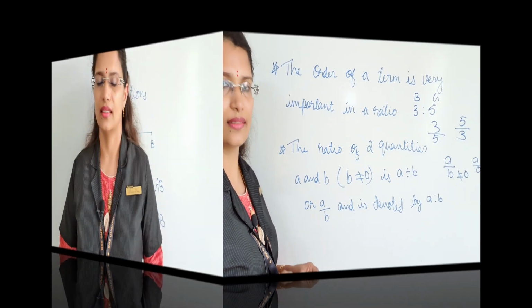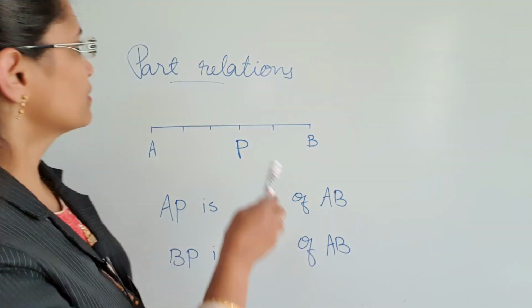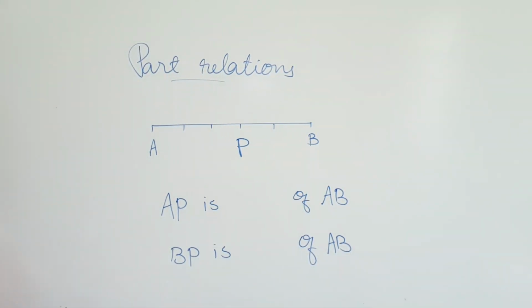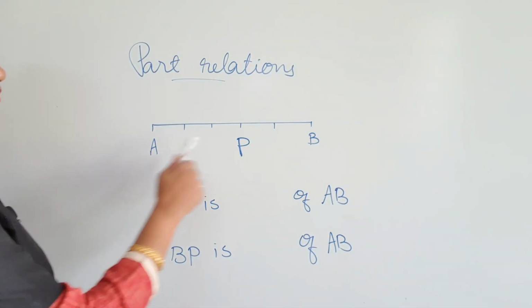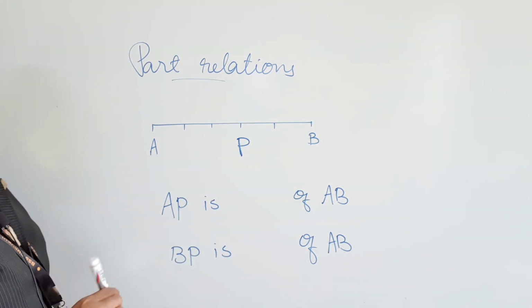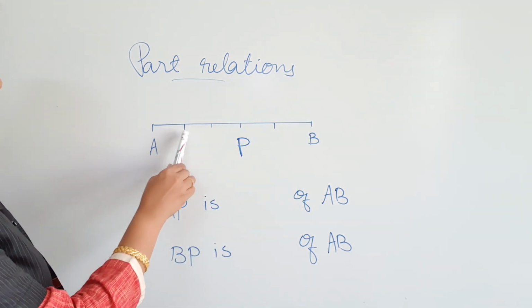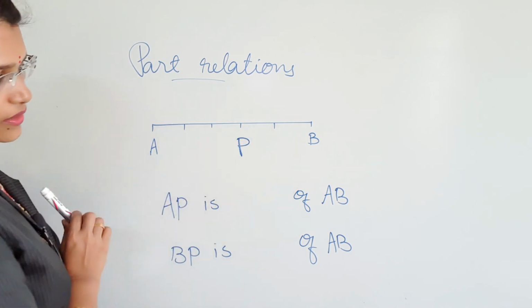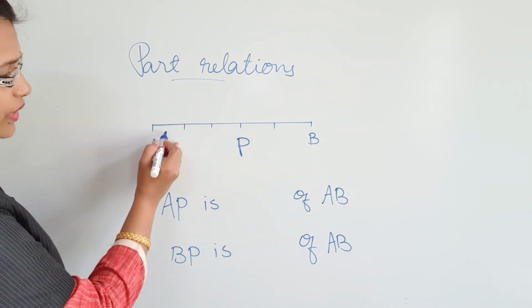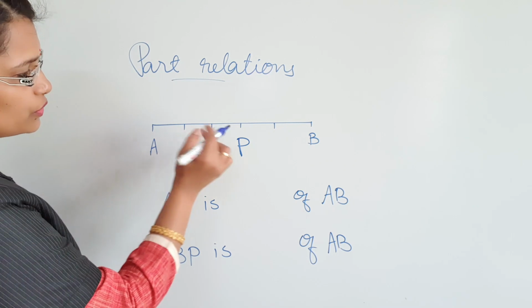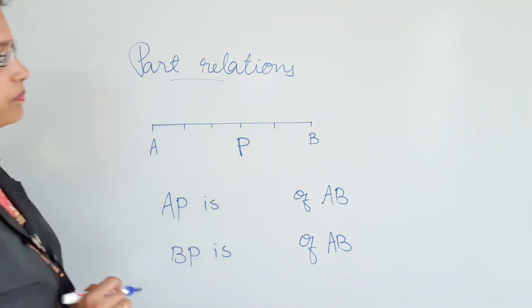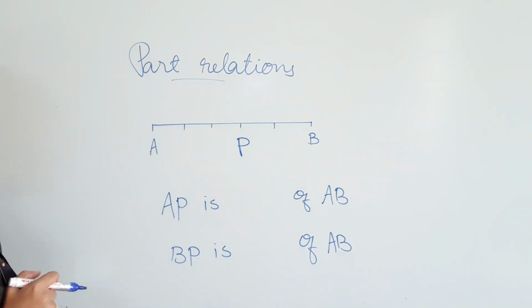Clear, children? Children, our first topic is part relations. Here, this AB is a line and it is divided into 5 equal parts. See, 1, 2, 3, 4, 5. 5 equal parts, right?